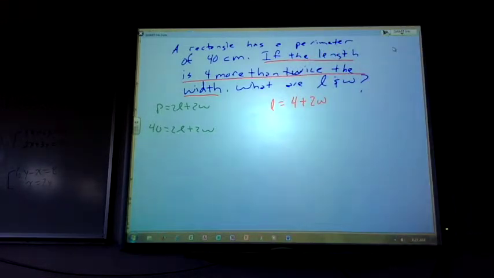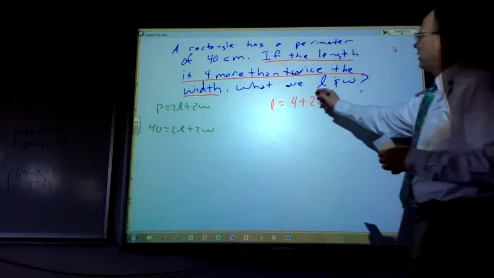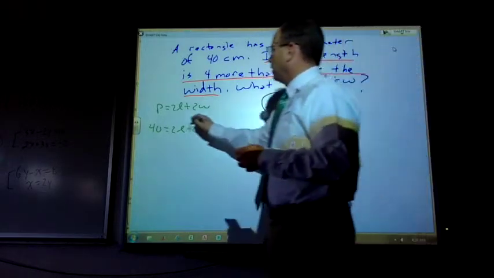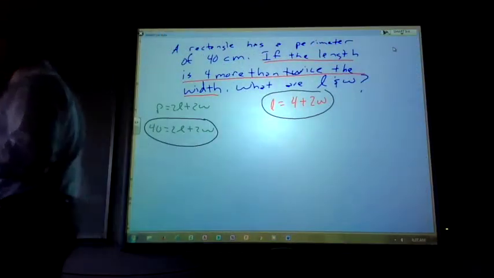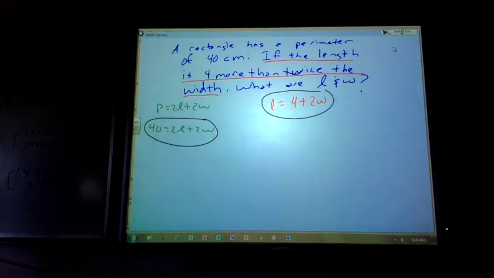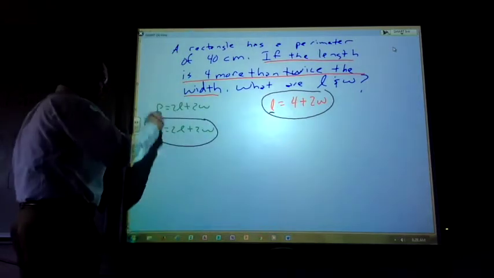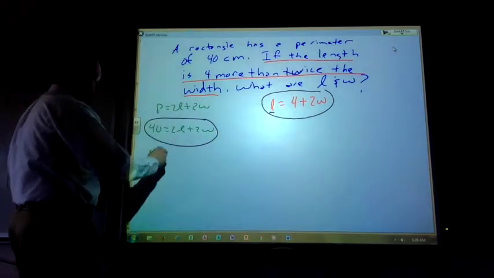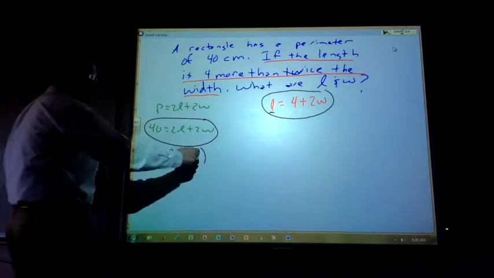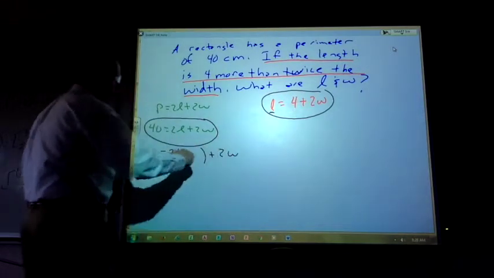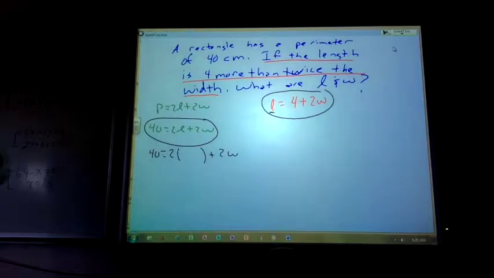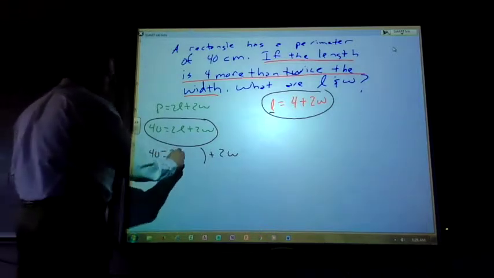Casey, what do you feel I should do with this and with this? Substitute. What am I substituting in for? L. Good. So I know that L is equivalent to this relationship. So I'm going to go to this problem. I'm going to go 40 is equal to 2. There was an L there. If there was an L there, what's now going to go there? 4 plus 2W.